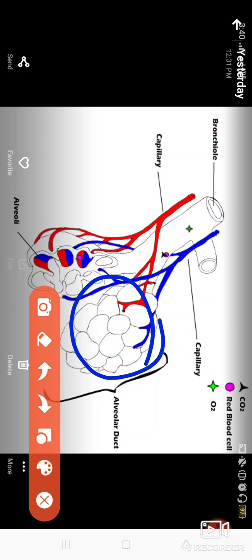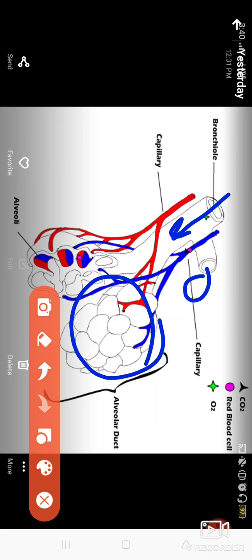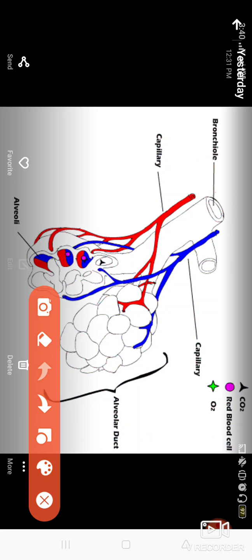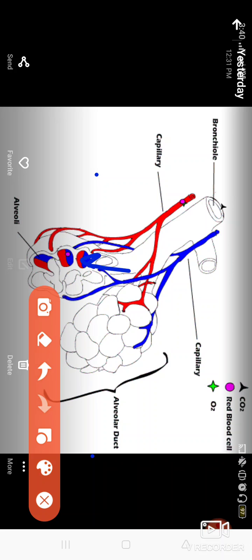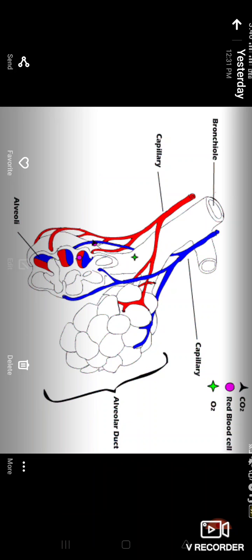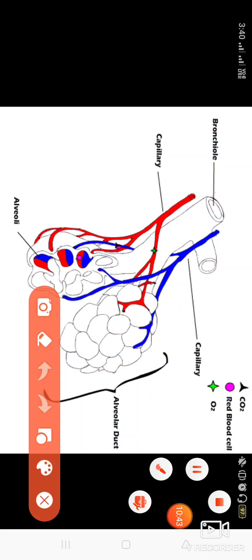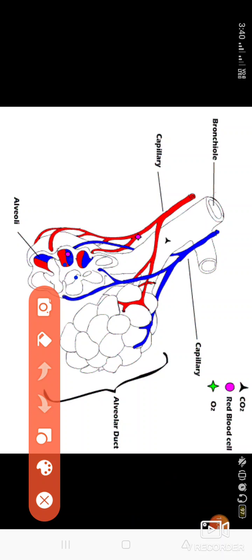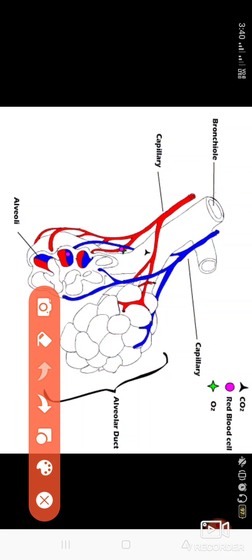Now when we are inhaling the air, oxygen is coming down, and during this process the oxygen is brought into these alveoli sacs. Oxygen is filled inside these alveoli sacs, and because many alveoli are present, it means many blood capillaries are present near the alveoli.